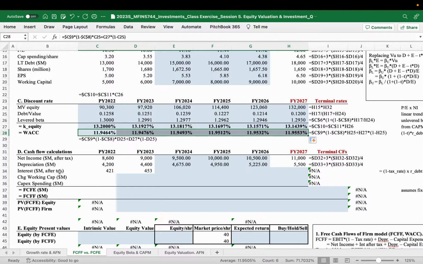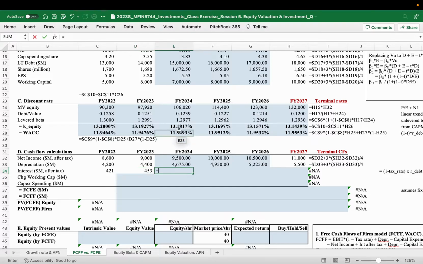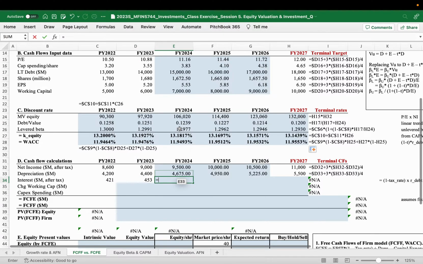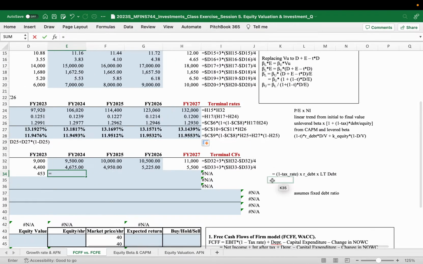So interest after tax is one of the cash flows, right? How to calculate it? The interest after tax is the interest rate of debt, the cost of debt, times long-term debt, times 1 minus tax rate.